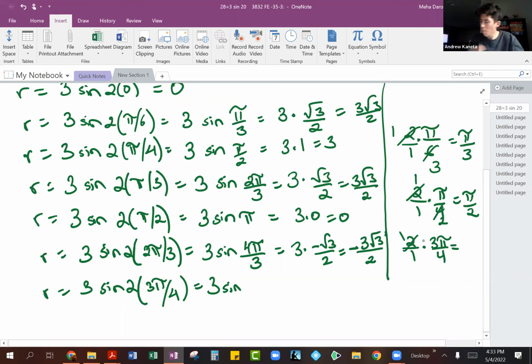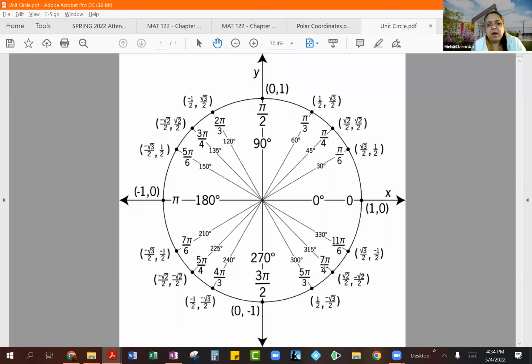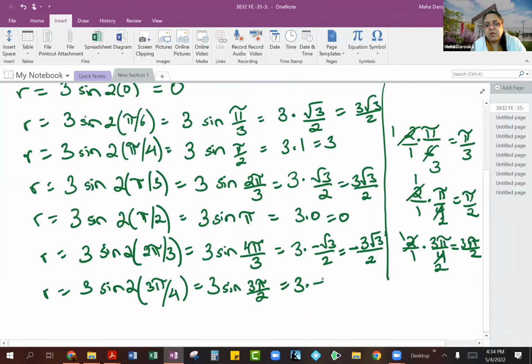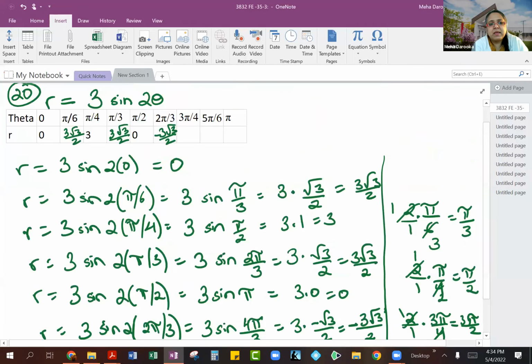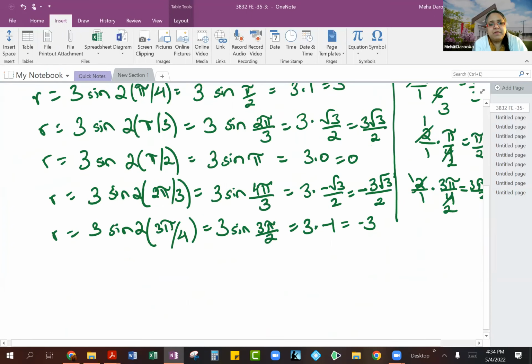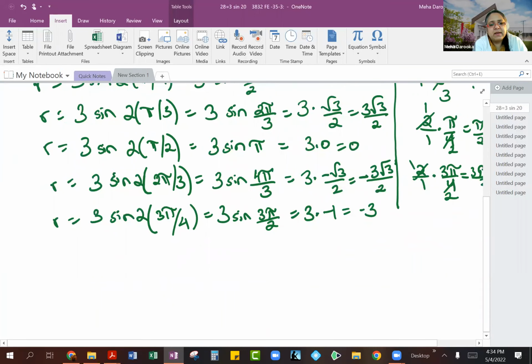Very nice. All righty. So for 3 pi over 2, you will see your sine value comes out to be negative 1. So this will be negative 3 over here. 5 pi over 6 as our angle.